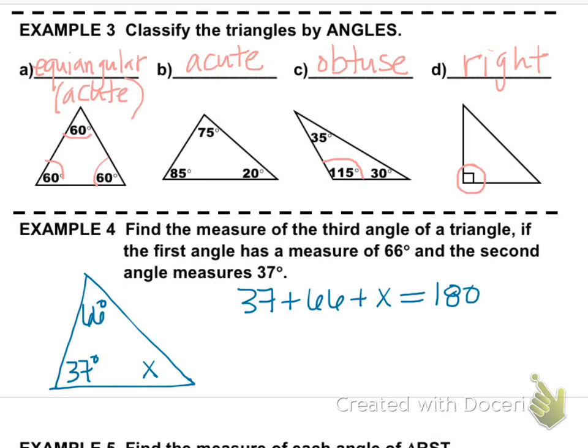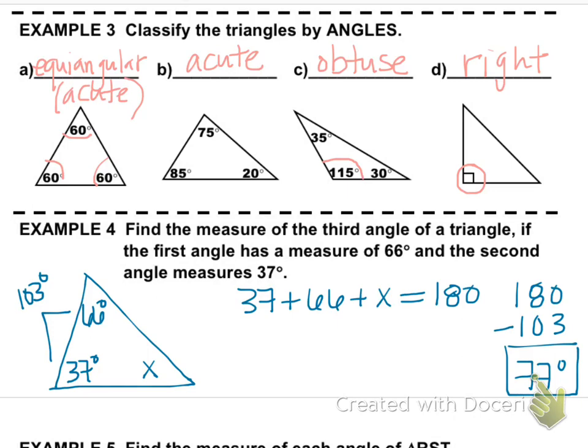Or you could just add 37 and 66 and get 103 degrees and then just subtract that 103 from 180 to get the measure of that third angle. And if you do that, you get 77 degrees.